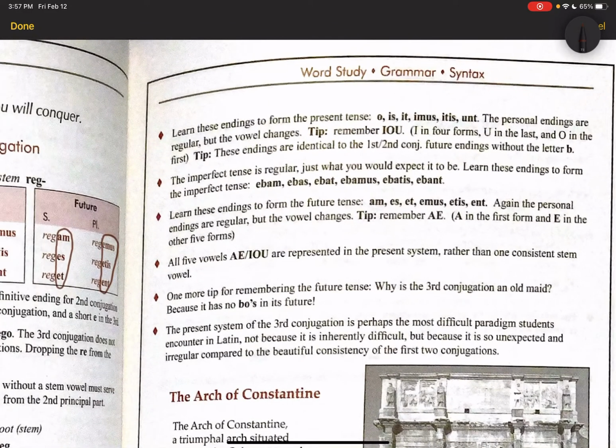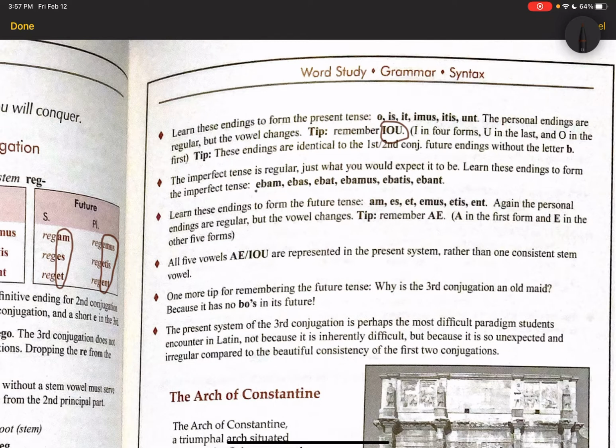This page reminds you of that. Learn the present tense endings of the third conjugation by including the vowel in them. You can remember I, O, U for the three different vowels in that present conjugation. The imperfect tense again is regular.